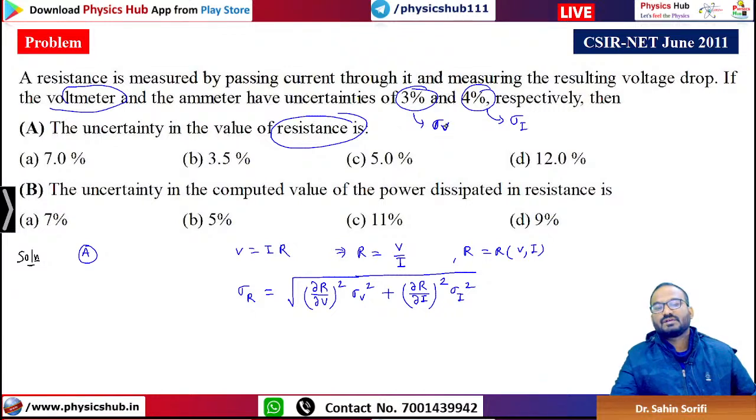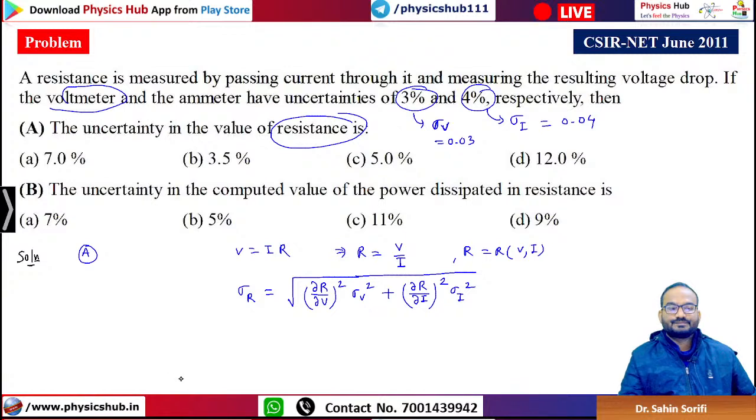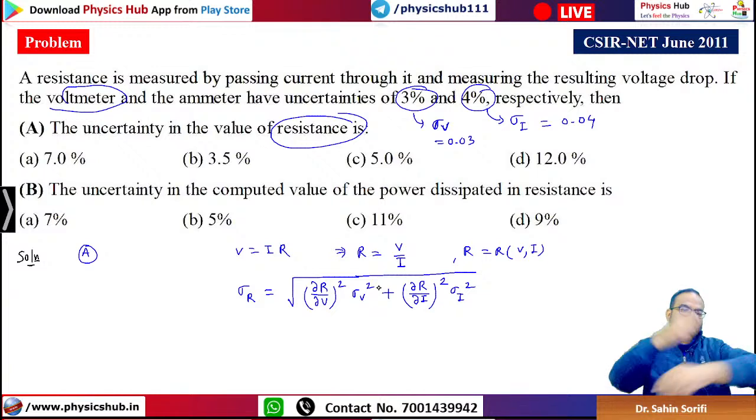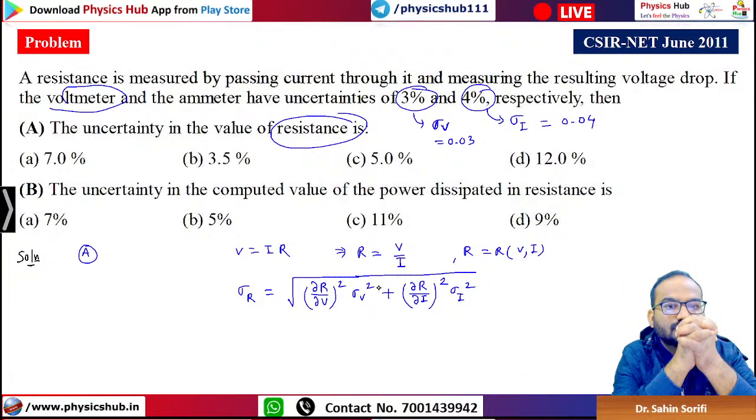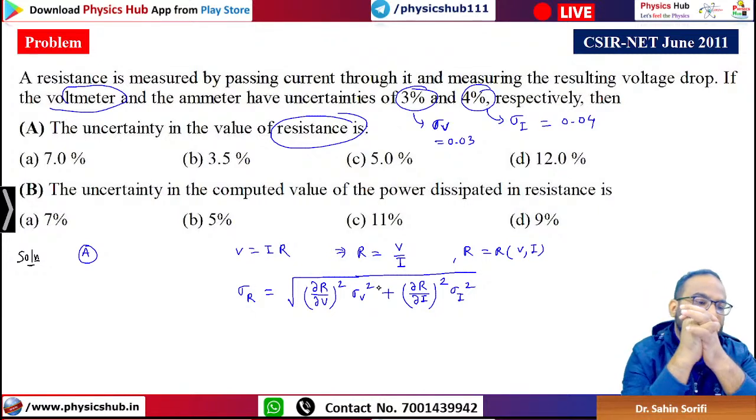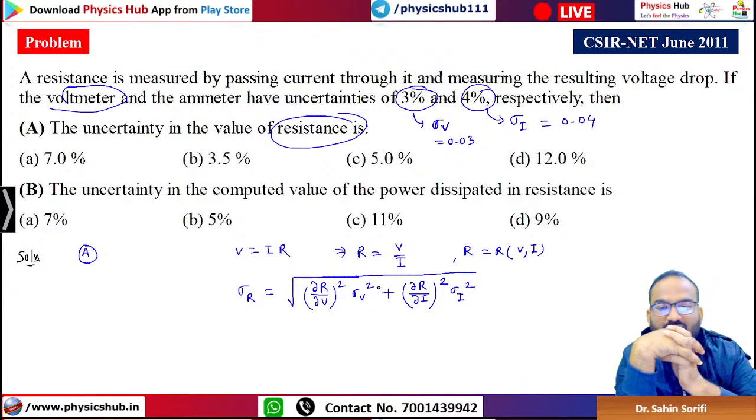What is the meaning of 3%? 3% means 0.03. 4% means 0.04. Isn't it? So what are you getting?